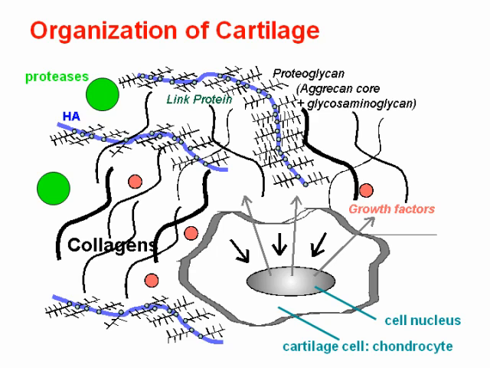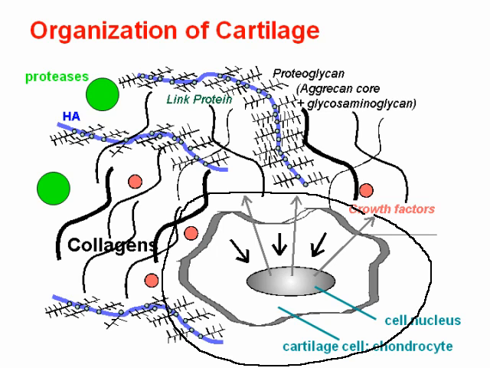So this is a schematic of the same thing that I've shown you, a little bit blown up. Down here in the lower right corner, I'm circling one of those cells, one of these cartilage cells, or as we call them, chondrocytes. That's the one part of the cartilage that is responsible for the biology.